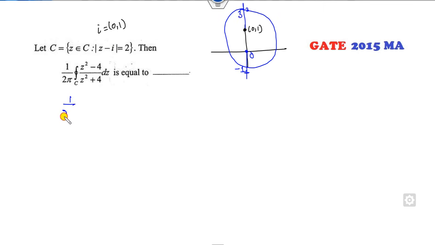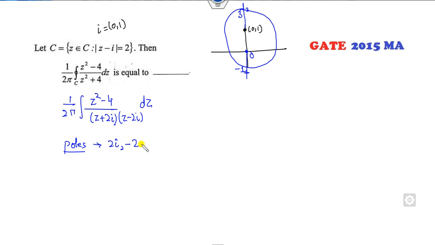Then I can write this denominator portion as z plus 2 iota, z minus 2 iota. I can find the poles. What are the poles of this? They are plus 2 iota and minus 2 iota. Plus 2 iota, that means coordinate is 0, 2. It lies here. The coordinate of minus 2 iota is 0, minus 2, which lies outside this circle.